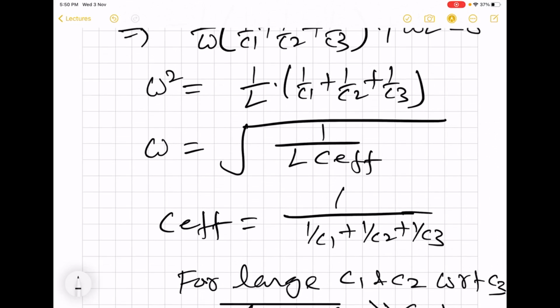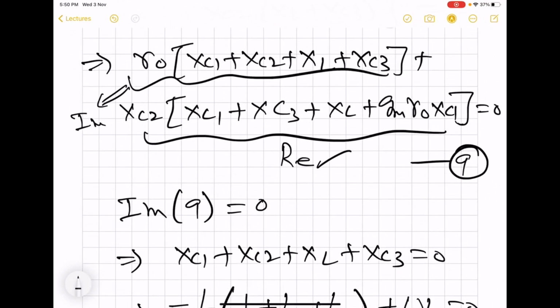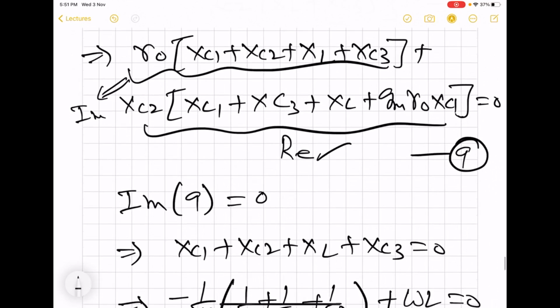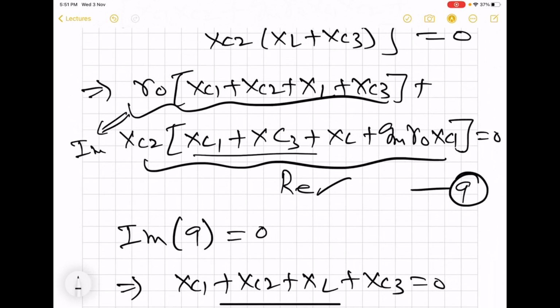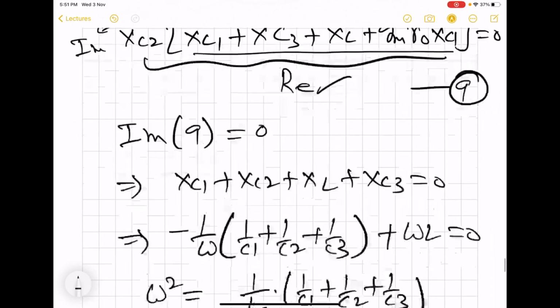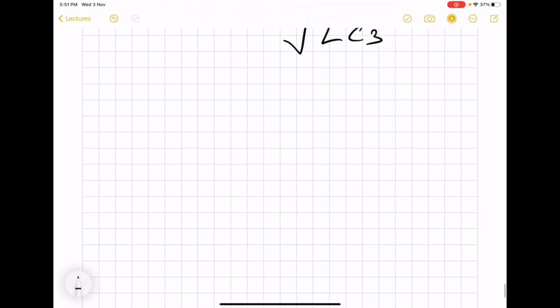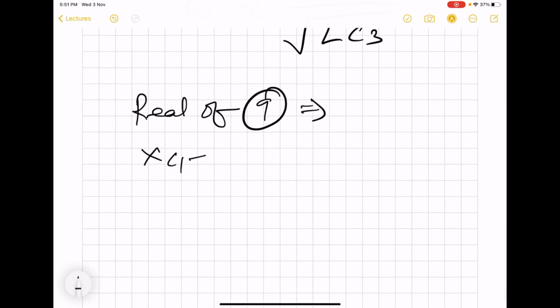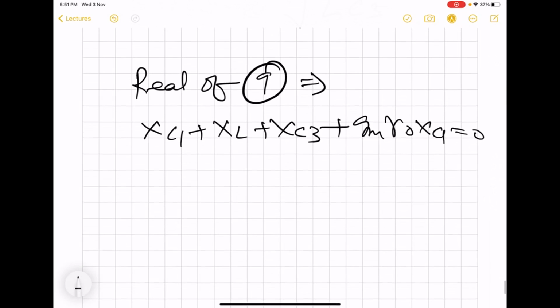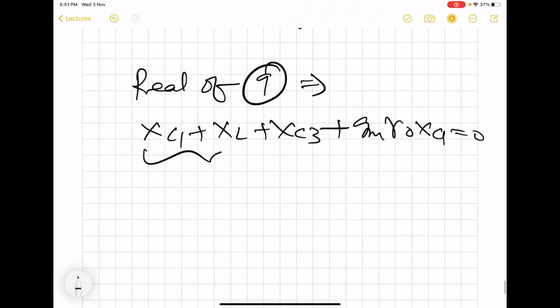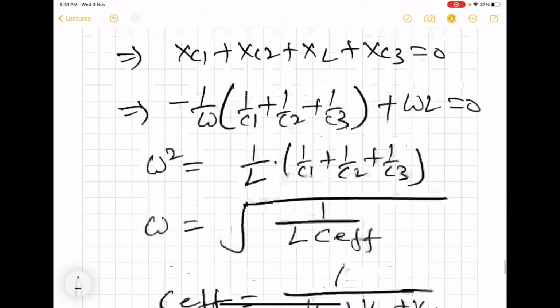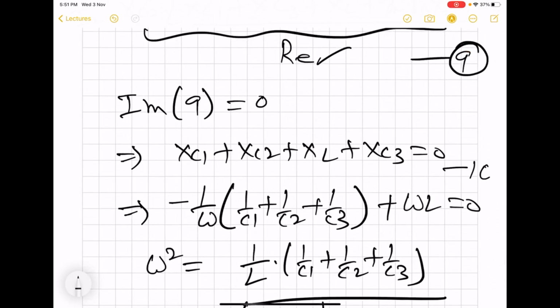Now let us see what happens with the real part. When we equate the real part, this factor should be equal to 0. So this is what we get, and now we can eliminate this part with the help of the previous equation, equation 10.